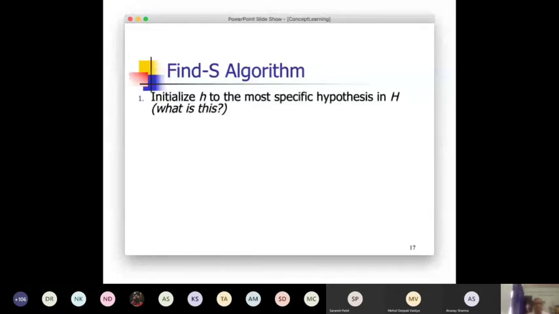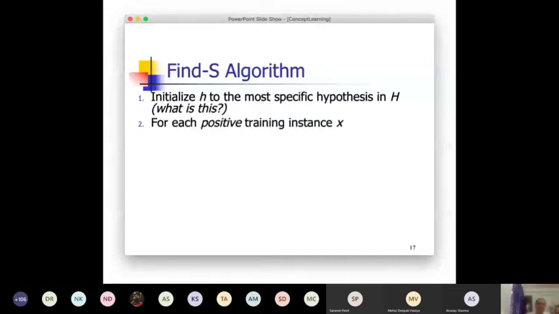The algorithm is a search following an order in the hypothesis space. It starts with, of course, the most specific hypothesis in H. What is this? I think you have already answered. It is all null values in your attribute set. So that is a vector.